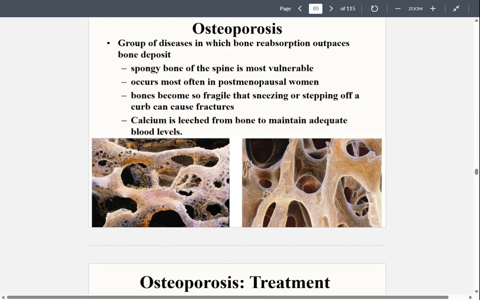Typically, osteoporosis is actually a group of diseases that all deal with bone reabsorption outpacing bone deposition. So there are subcategories to this, but quite frequently this is going to be seen in postmenopausal women.